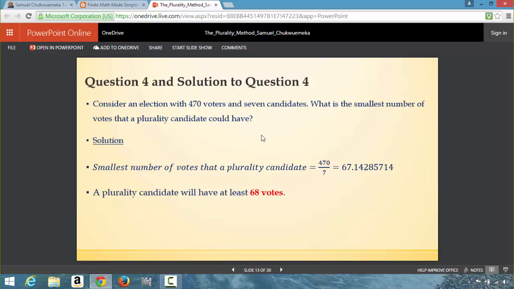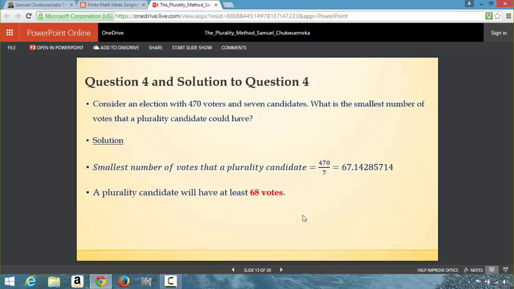You just do 50% of it, 0.5 times 470, which is 235. A plurality candidate will have at least 68 votes. A majority candidate will have at least 235 votes.